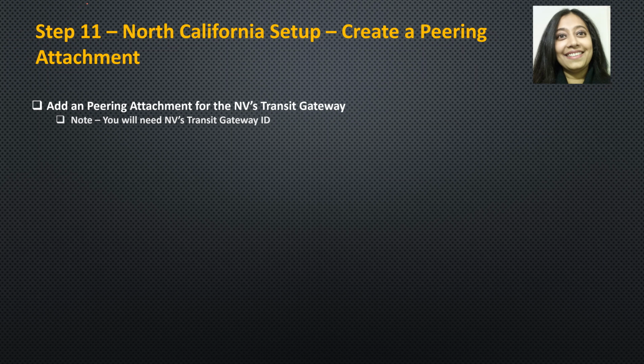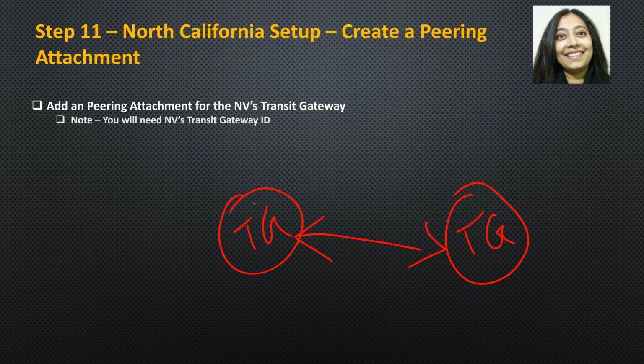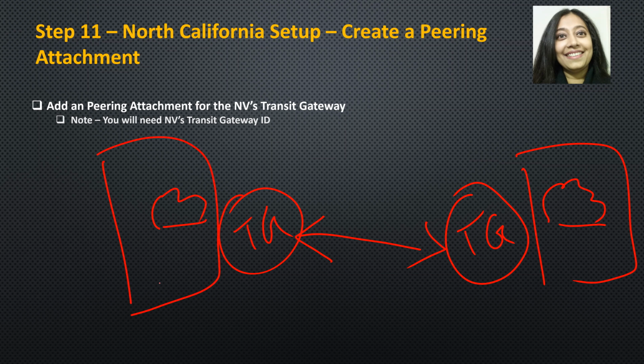Now, remember what we are trying to accomplish in this lab. We're trying to accomplish that two transit gateways, TGs, can communicate with each other so that VPCs in each of these regions can actually communicate with each other.